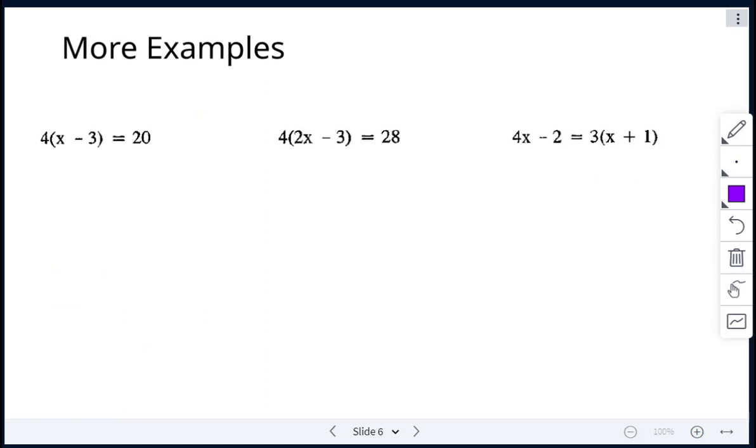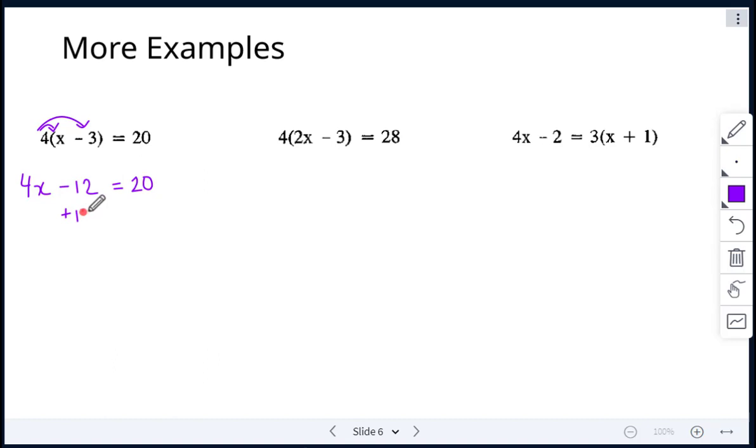Let's try the first one here together. We have 4 on the outside of the bracket. That's going to multiply to the x and to that minus 3. So 4 times x becomes 4x. 4 times -3 is -12, and that is equal to 20.